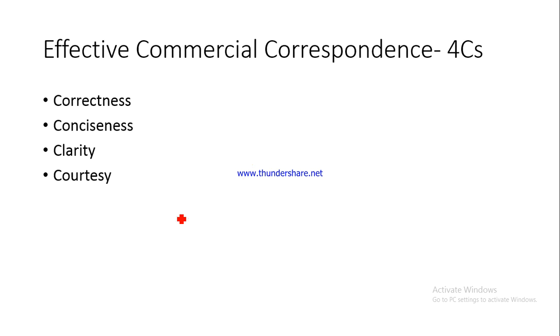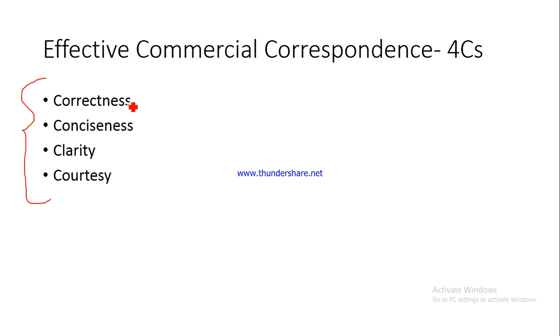Now let us understand how to ensure that your commercial correspondence is effective. So you have to take care of 4 C's. In some books you might also find 7 C's. So if you are interested in knowing more about the effectiveness of commercial correspondence, you can refer to those books also. But these 4 C's are very, very important, and these are correctness, conciseness, clarity, and courtesy.